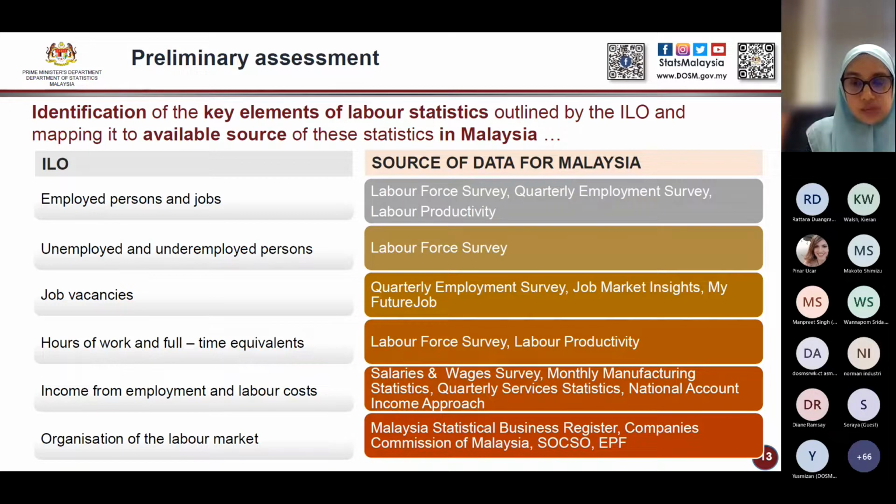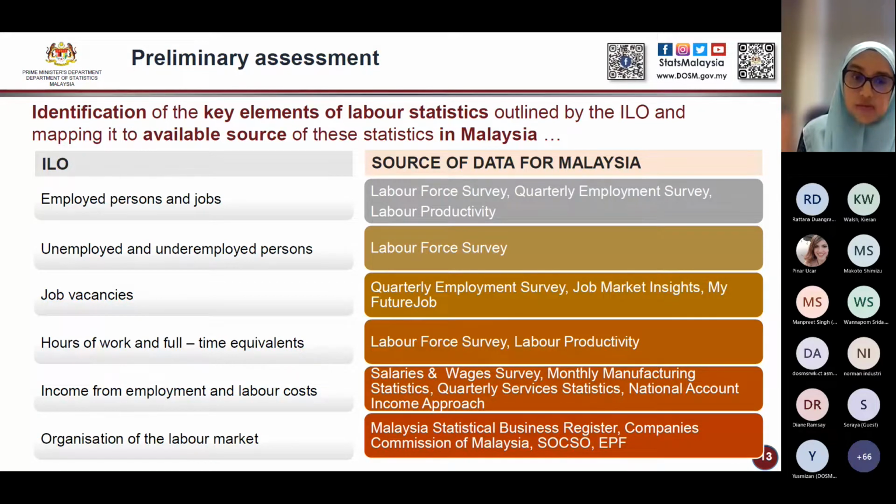Also, for job vacancies, besides the quarterly employment survey, we have big data analytics through job market insights, and we also have MyFutureJob, a public employment service portal which addresses the gaps between job seekers and job vacancies.